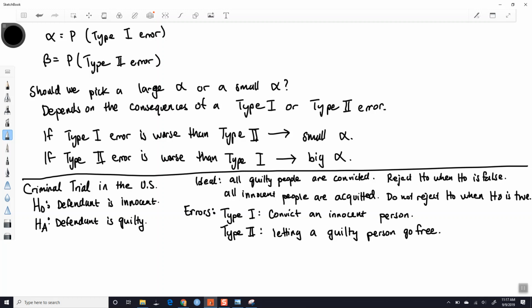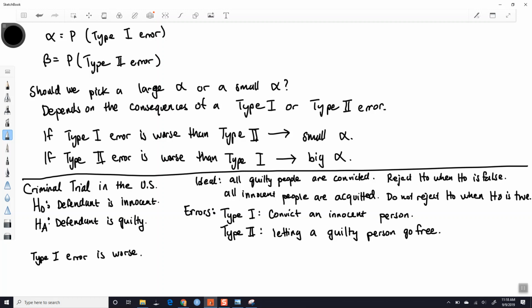Type 1 error is worse, okay? There were some documents in the founding of our country that reflect this viewpoint, that the type 1 error is worse than the type 2 error.